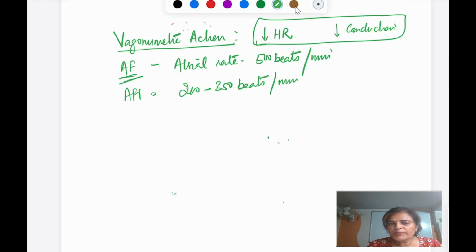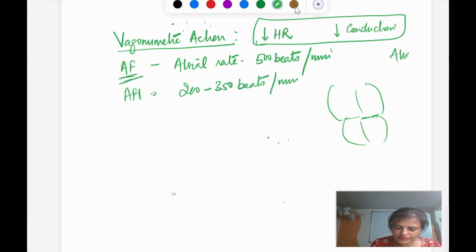Whenever the person is having atrial flutter or atrial fibrillation, it is always important to maintain or control the ventricular rate. From the atria, all the impulses will go to the ventricle. From where? By the AV node.